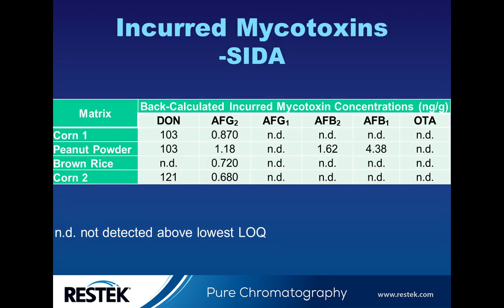So, just as I said, how do you know the method you developed is a good method? You have to do some tests using your reference material. Before that, I also used the SIDA method to do the incurred mycotoxin analysis. Because I only have 6 internal standards, I only calculated those 6 in corn, peanut powder, and brown rice.